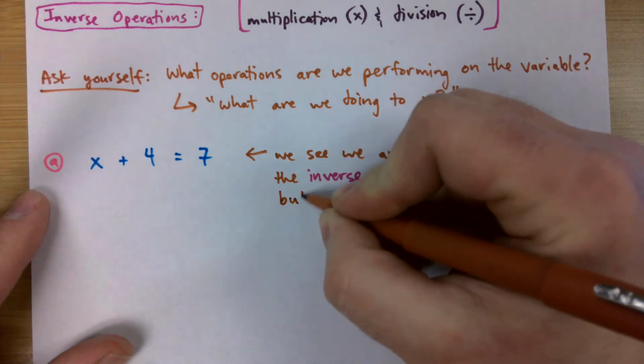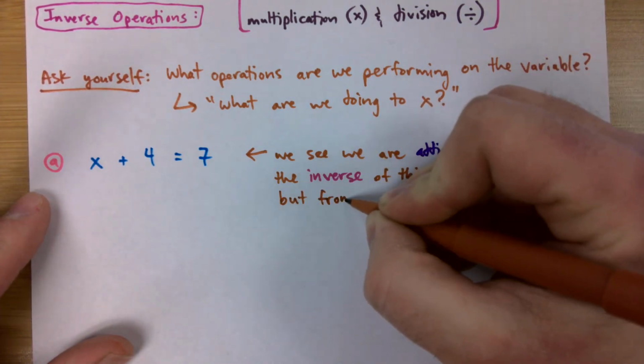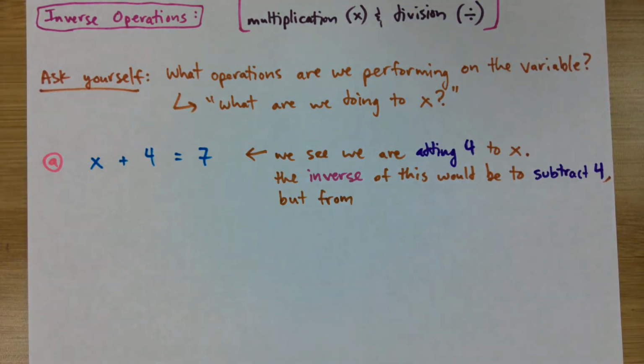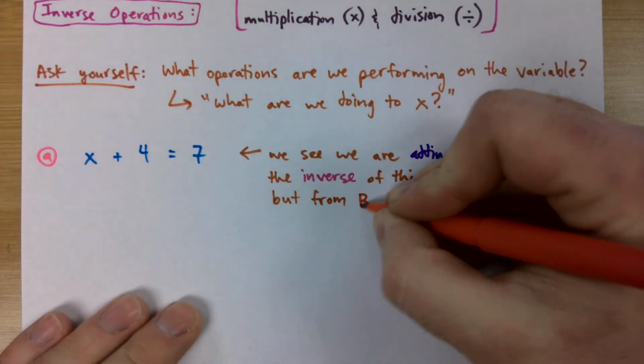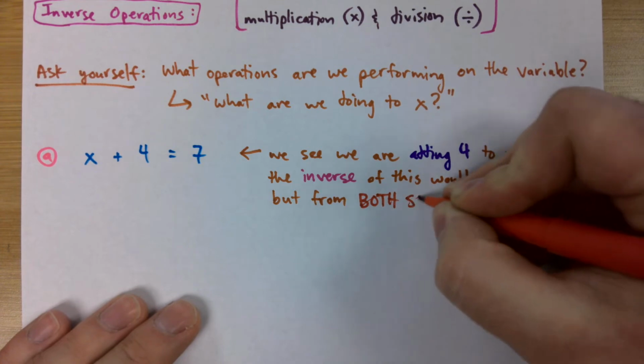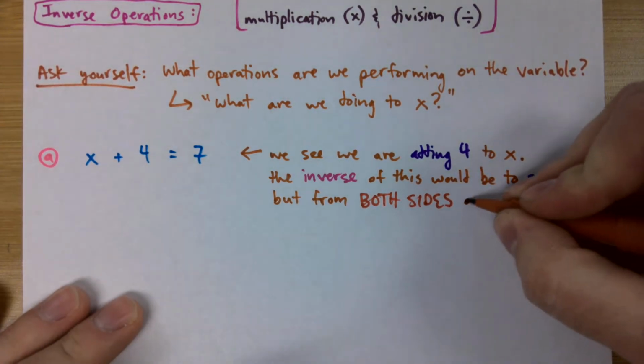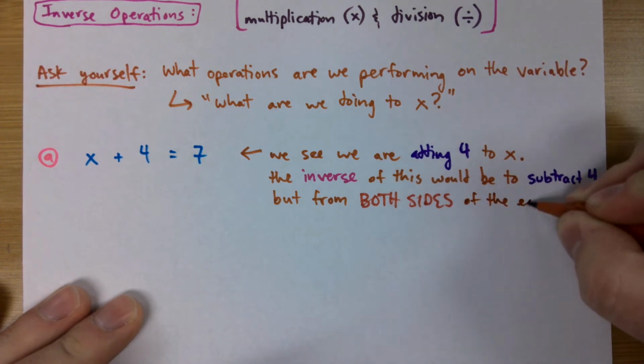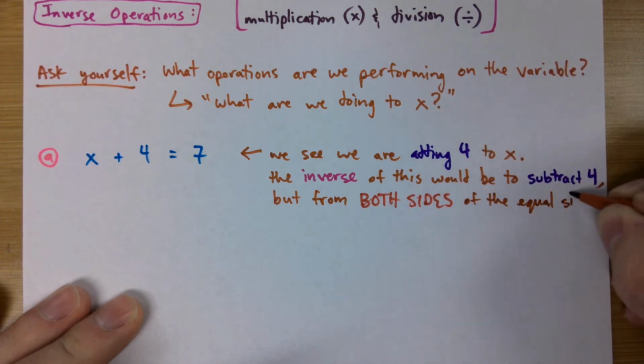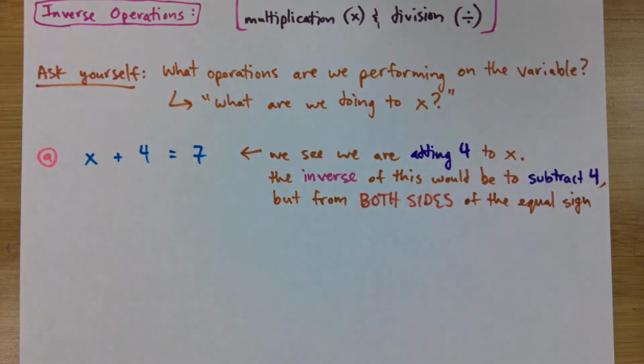And then we have to add in here that we're not just subtracting 4 from that 4. We're doing it to both sides of the equal sign.